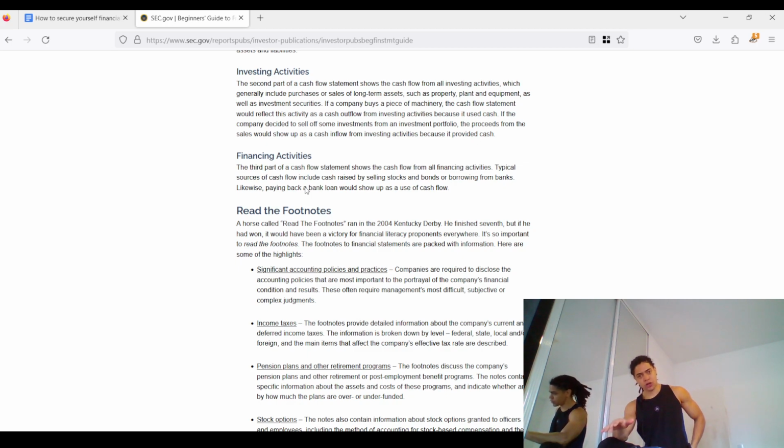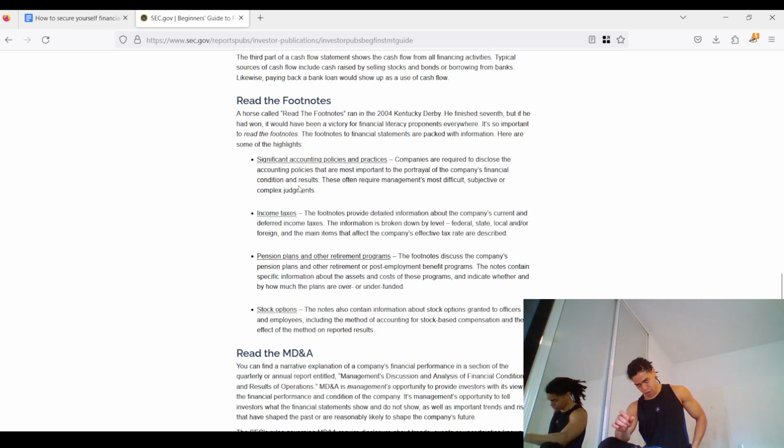In this section, they discuss the cost of these programs as well as how over- or underfunded they are. Then the stock options, which are a financial instrument that allows the owner the right but not the obligation to buy a particular asset at a given price and date. You have two types of stock options, puts and calls, where puts are bets that the stock will fall and calls are bets that the stock will rise.